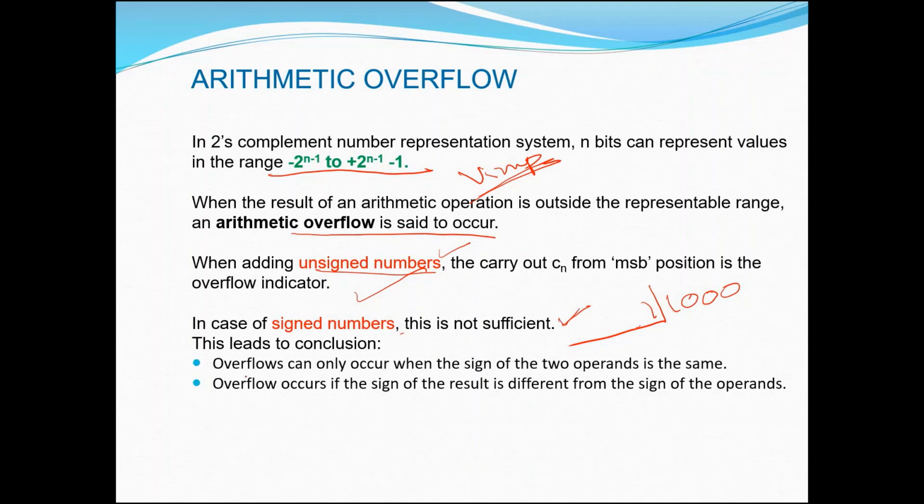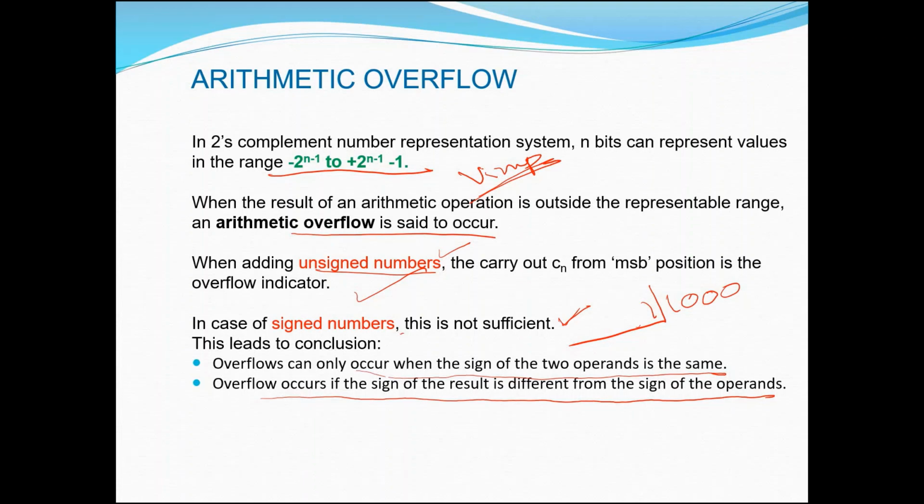The conclusion is we can say overflow can occur when the sign of the two operands is the same, and overflow can occur if the sign of the result is different from the sign of the operands. So these are the two conditions in which we can say overflow can occur.